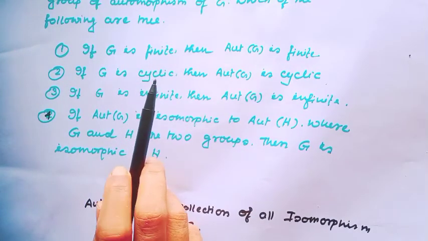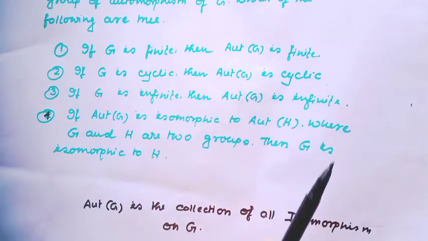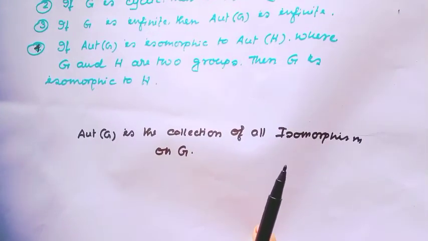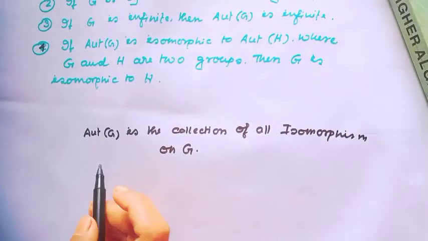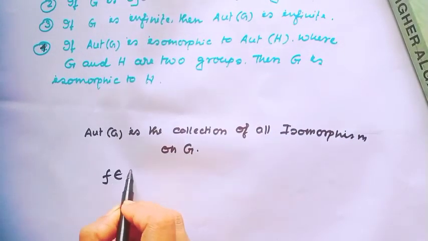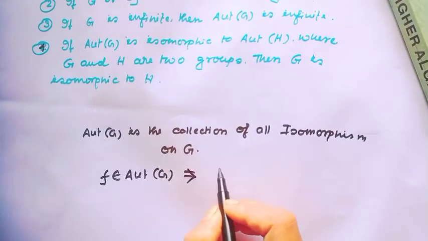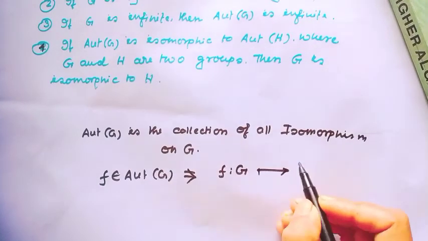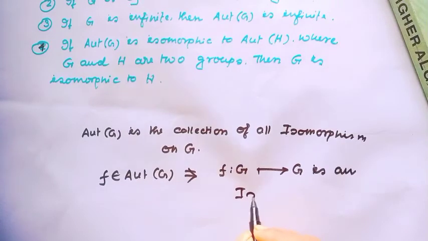At first, I will verify option 1. Option 1 is: if G is finite, then Aut(G) is finite. We all know Aut(G) is the collection of all isomorphisms on G. If f is a member of Aut(G), then f is a mapping from G to G which is an isomorphism.